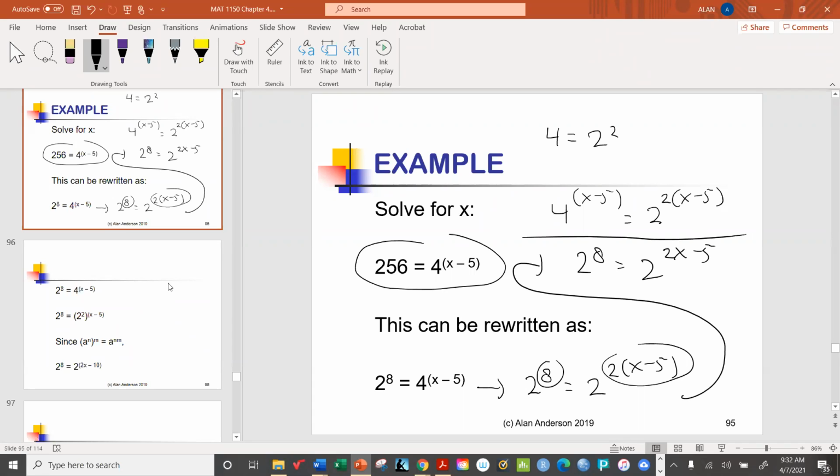And now these are just set equal to each other. 8 equals 2x minus 5. A 10, sorry, that's 10, my fault. That's a 10. And then we'll solve for x.